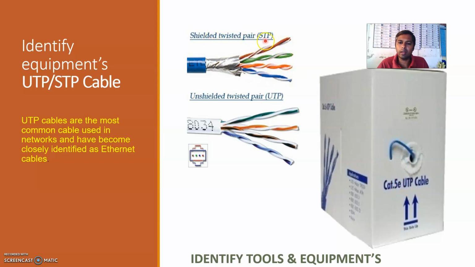Shielded twisted pair is used outside the lab or outside the building. But unshielded twisted pair is commonly used inside the lab or inside your office or industry. UTP cable is the most commonly used cable in networks and has become closely identified as Ethernet cable.